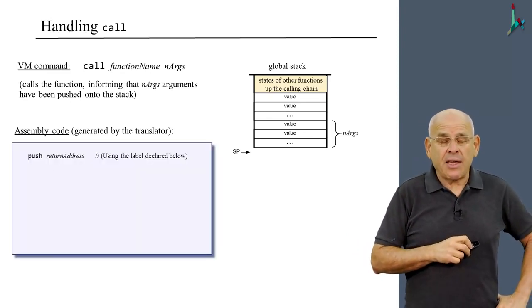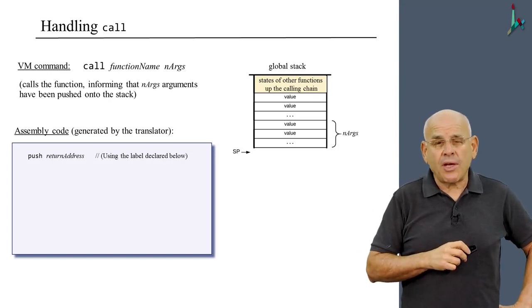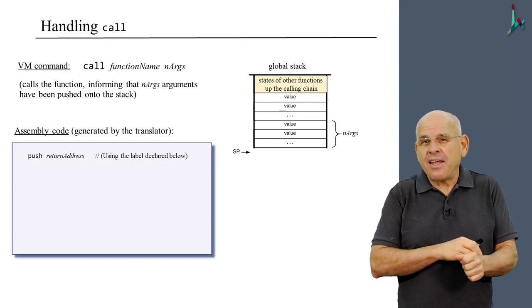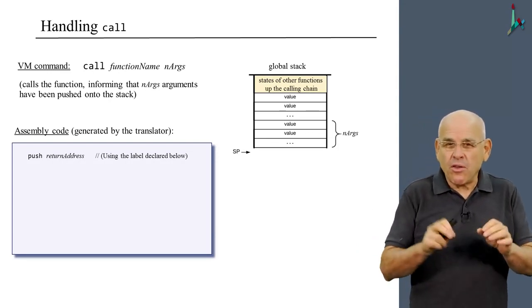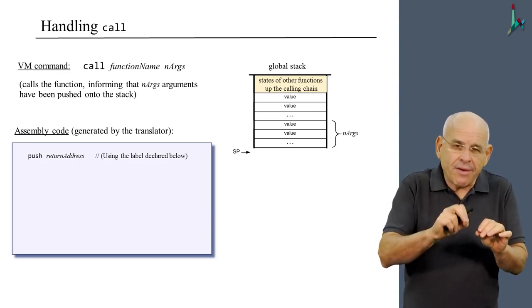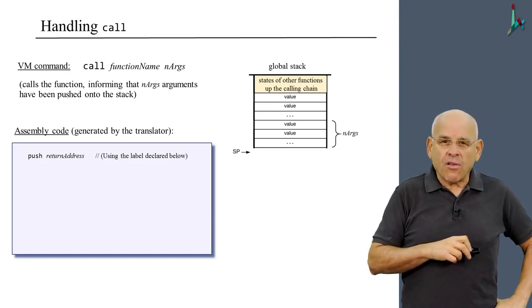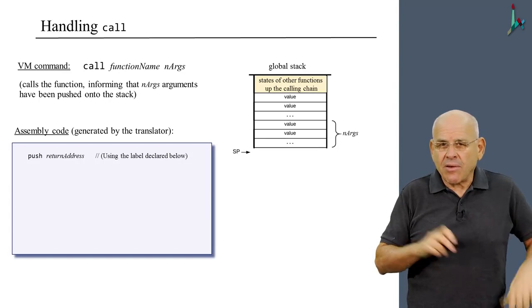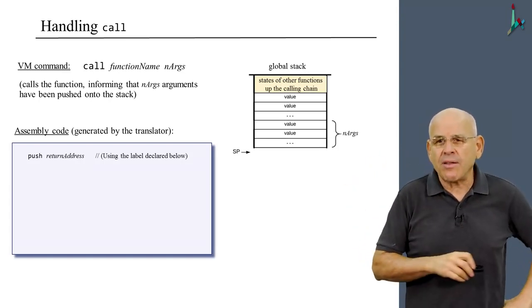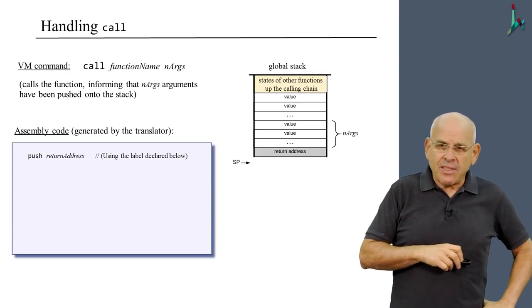The first thing is I push a label onto the stack, and later on I'm going to use the same label as the label to which I'm going to return after the called function terminates. So let's keep this in the back of our mind. I push some label that I generated. We see it on the stack now.